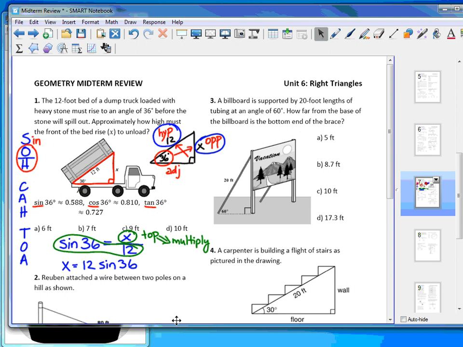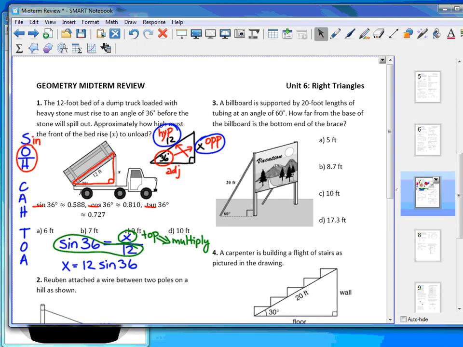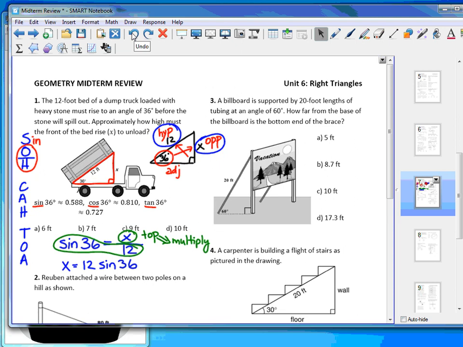It's x. x is approximately 7.05 something. So which of these answer choices, 6 feet, 7 feet, 9 feet, or 10 feet, is closest to 7.05? Well, that would be choice B.